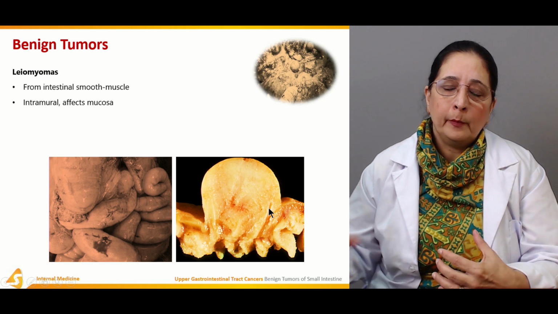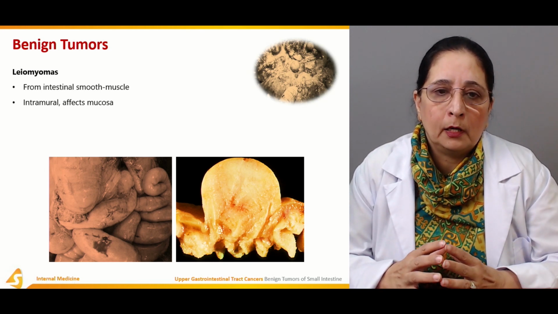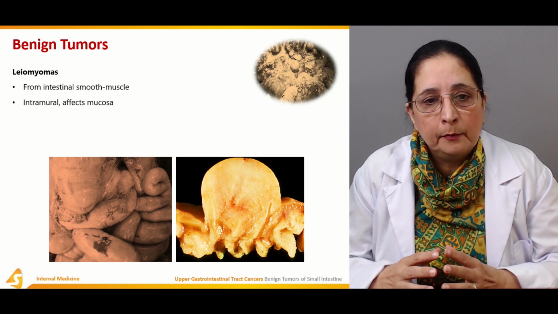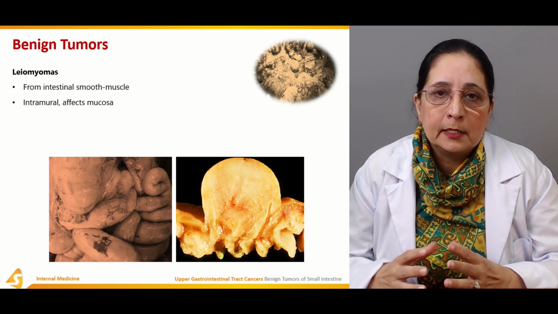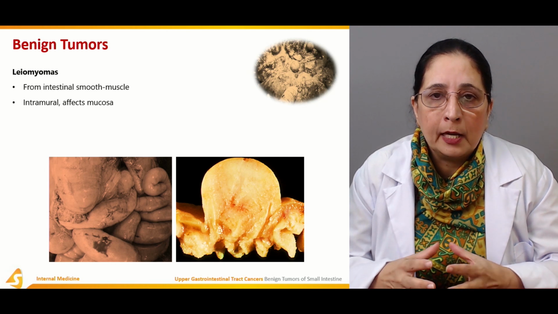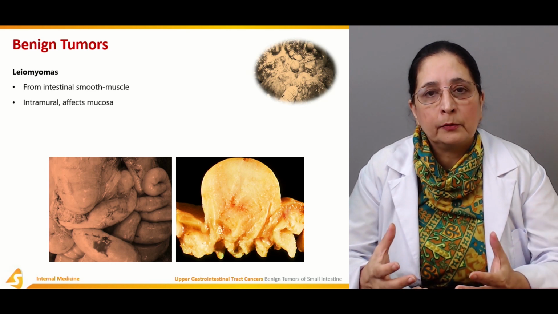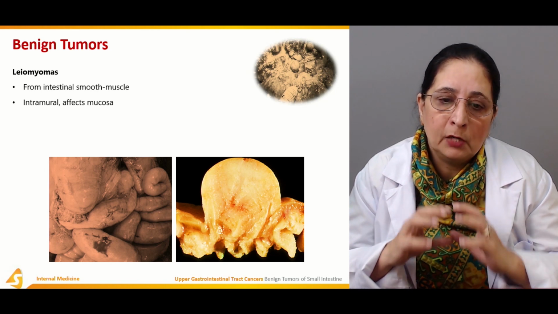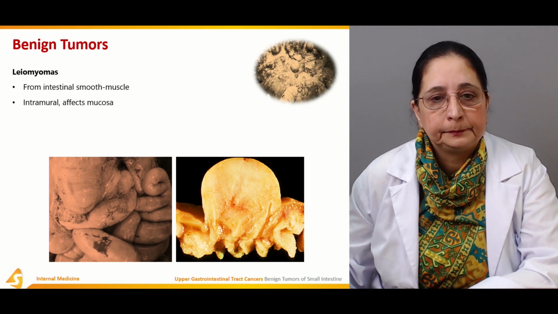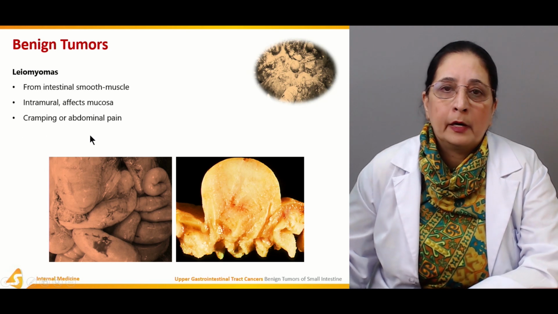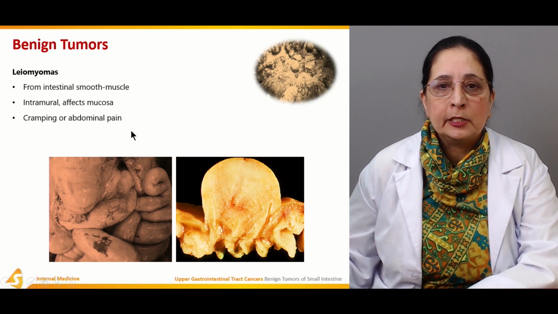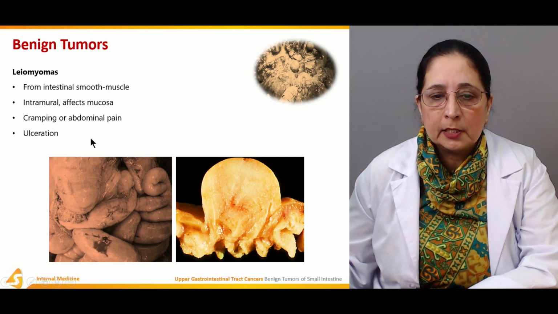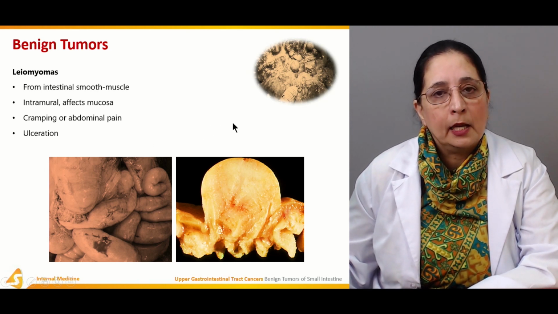Leiomyomas are common benign tumors in different parts of the body, like fibroids and fibromas, and leiomyomas are also common in the uterine cavity. They are intramural, or inside the wall. Cramping or abdominal pain is associated with leiomyomas. Ulceration is also present in leiomyoma.